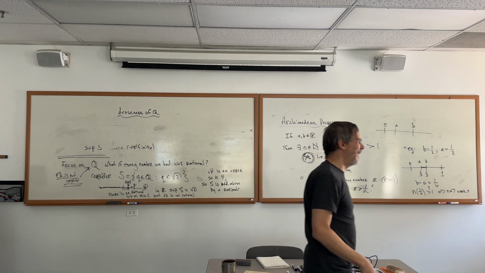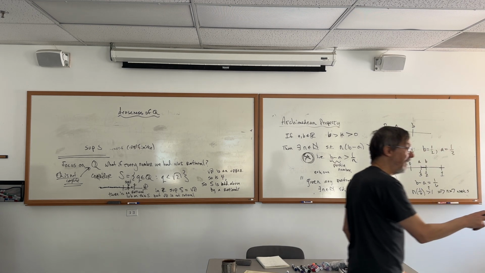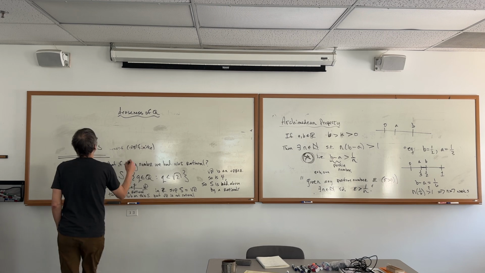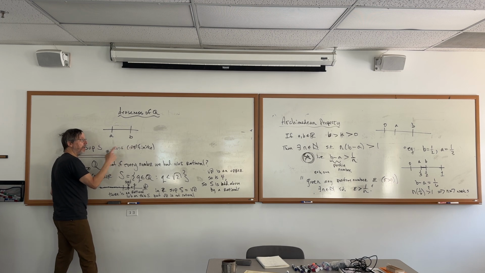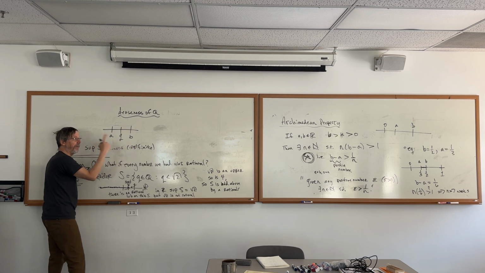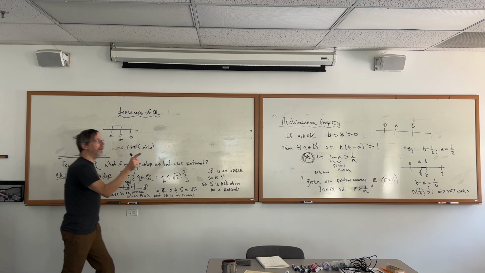How you doing, my friend? Is that the denseness of Q? That is not. The denseness of Q says this. It's close. Denseness of Q says you give me any two real numbers, there's a rational between them. This is a little different.